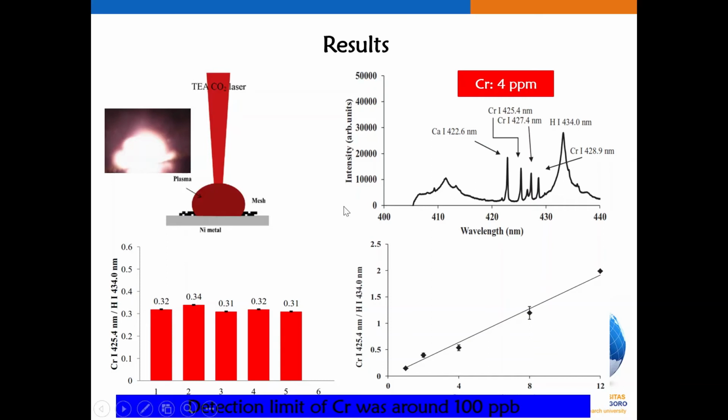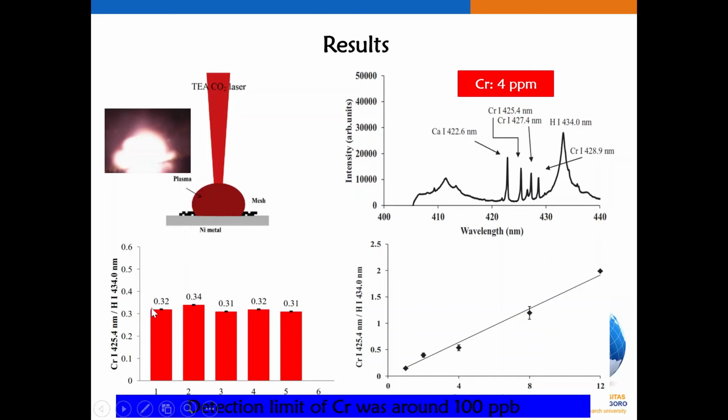sample preparation. After we obtain the good emission spectrum of chromium, we also examine the reproducibility of the plasma using our vaporization technique.